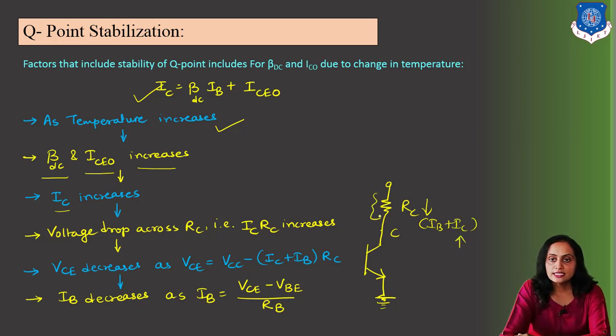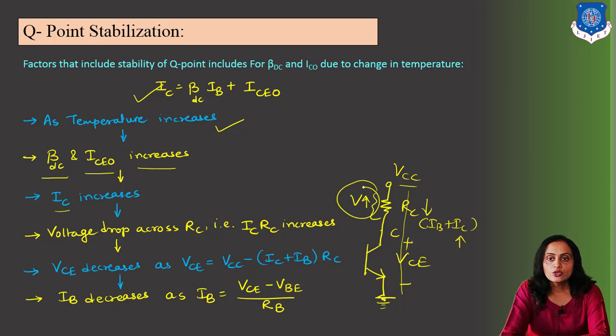As IC increases, the voltage drop across RC, which is RC multiplied by IC, increases, as VCC is constant. So the voltage across this particular loop is constant. This is VCE. So as this voltage drop increases, VCE is going to decrease.